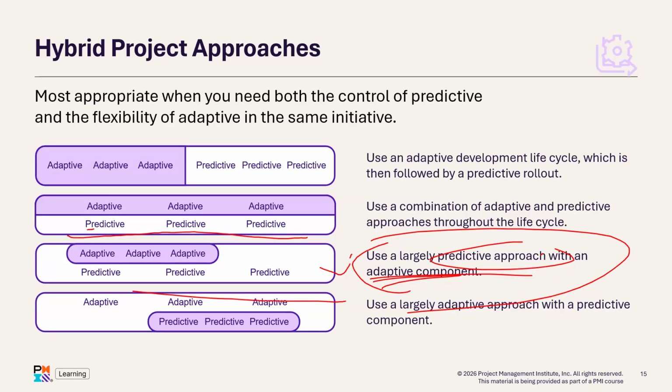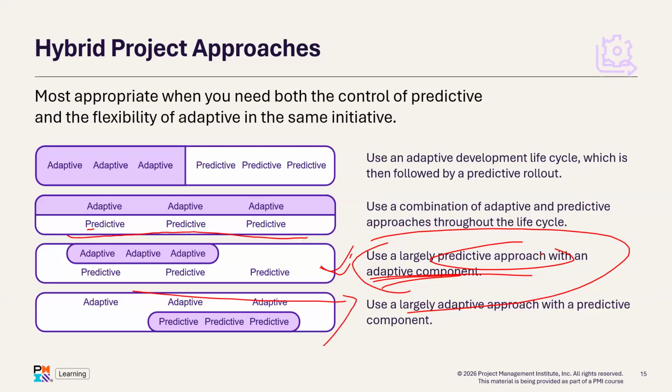The template is already there. So the approach to add the electric vehicles, can we link it to be more of an adaptive approach? Yeah, so it is predominantly predictive, but with adaptive components. Okay. So we can link that to the third one.